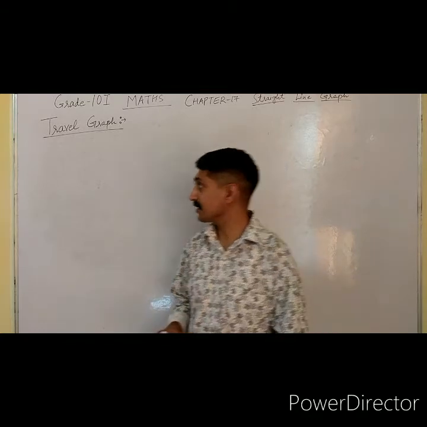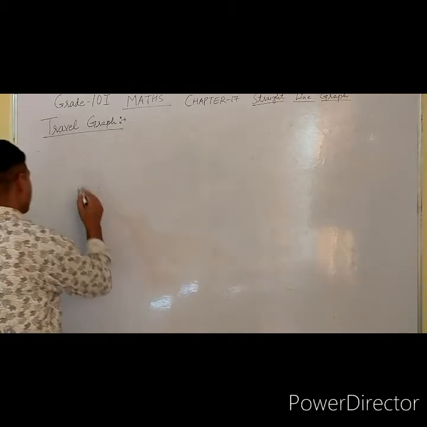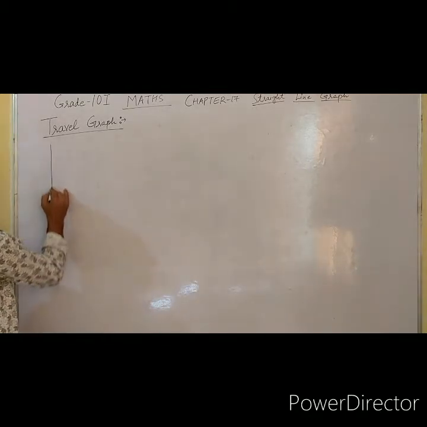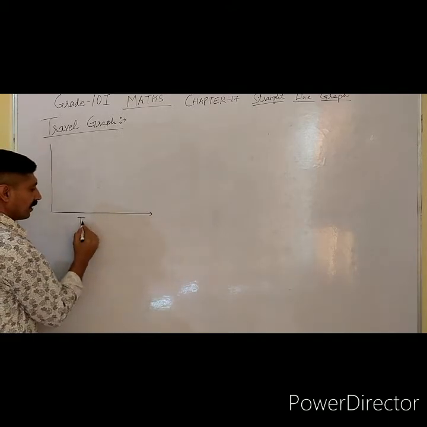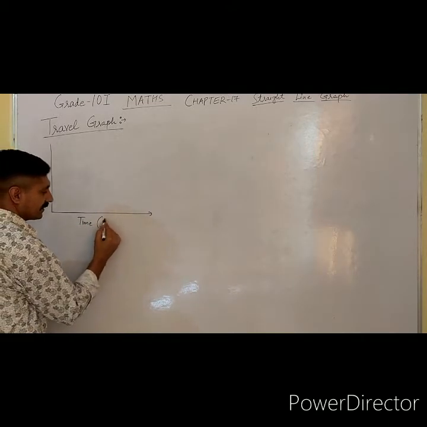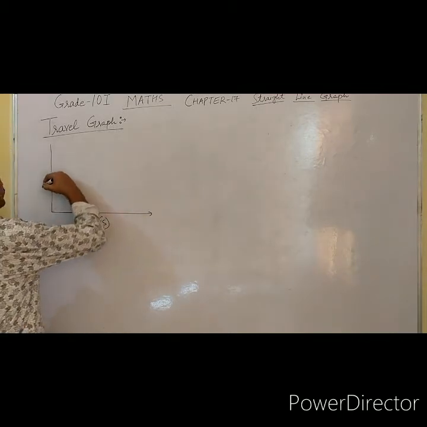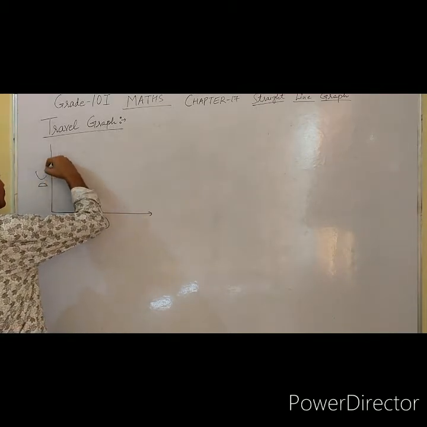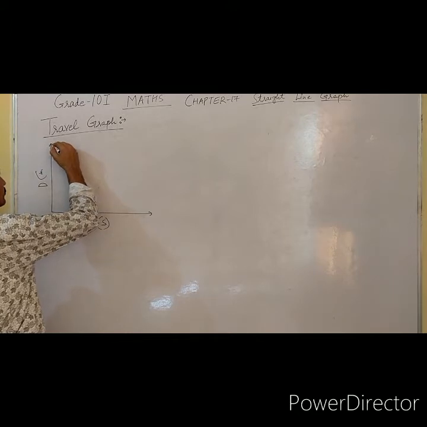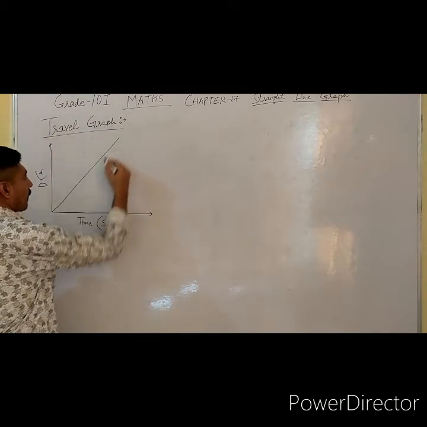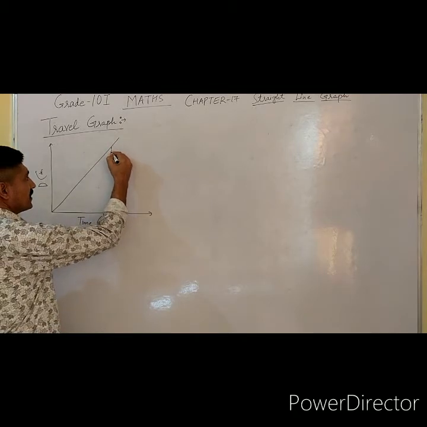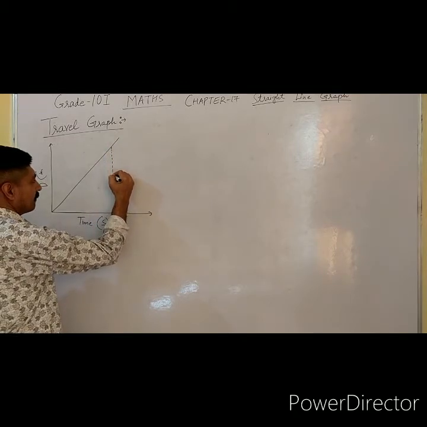As I have discussed, in the distance time graph, along the x-axis is time and along the y-axis is distance in meters.